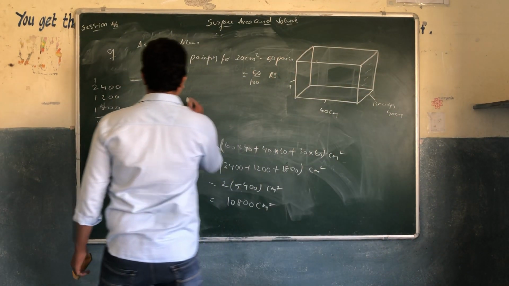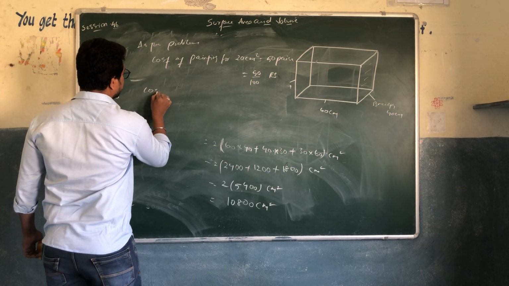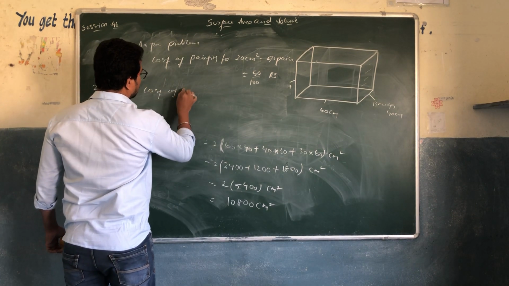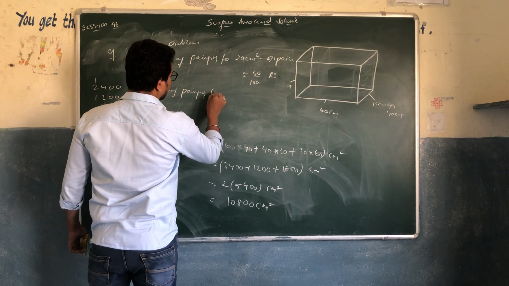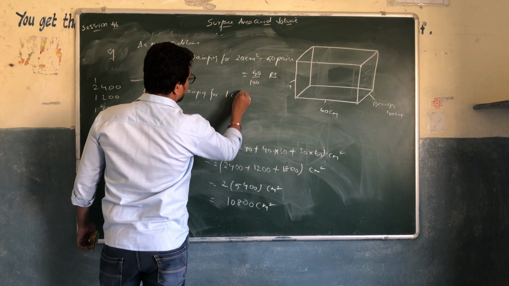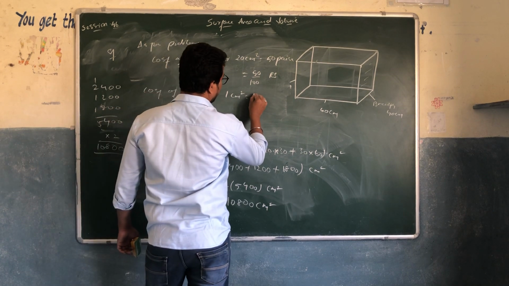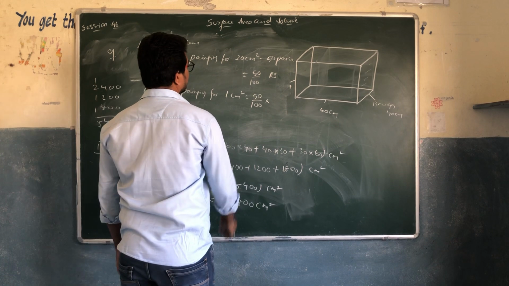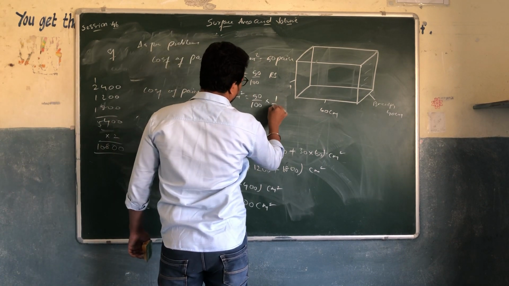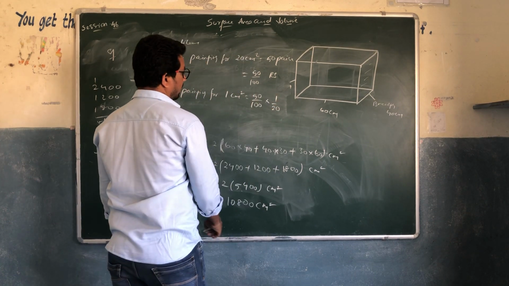So first let me try and find it out for 1 centimeter square. Cost of painting for 1 centimeter square is equal to 50 by 100 into, if this 20 comes here, it becomes 1 by 20, right?